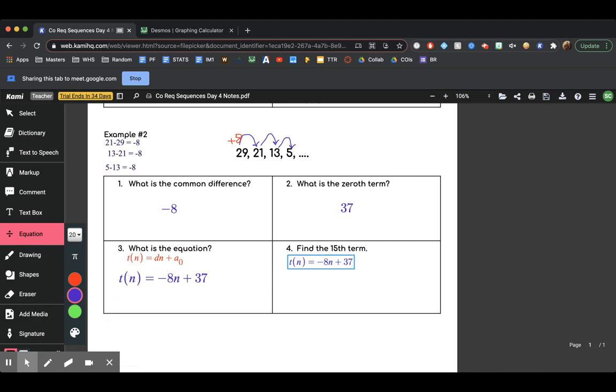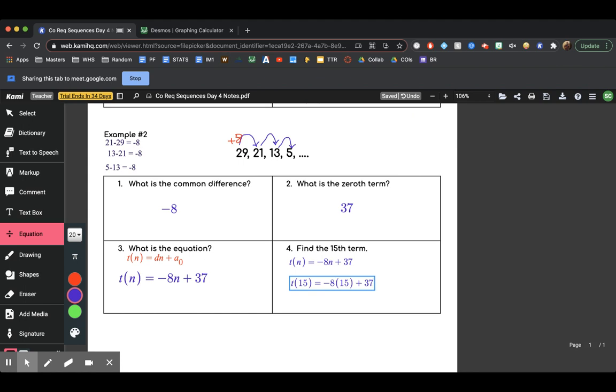Instead of the n, we are going to replace it with the term number that we are interested in, which in this case is 15. So T of 15 is equal to negative 8 multiplied by 15, and we add the 37, oh my goodness, 37.